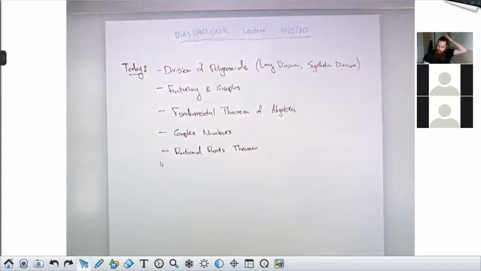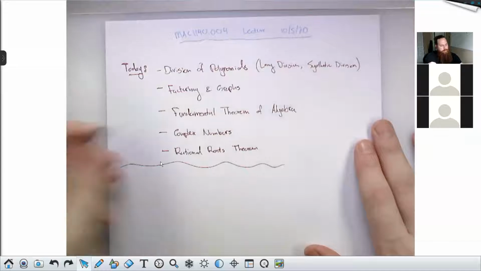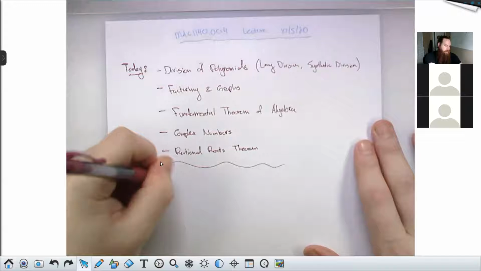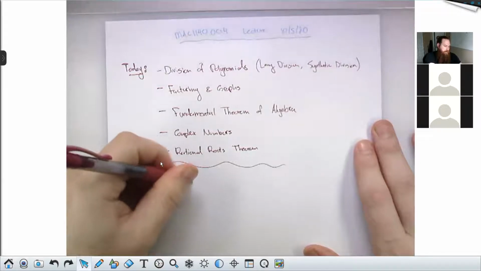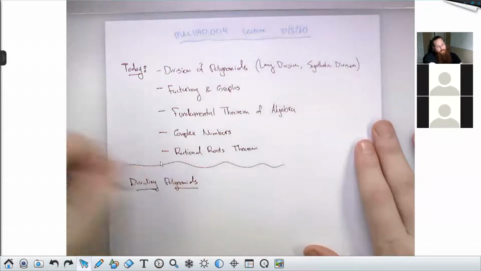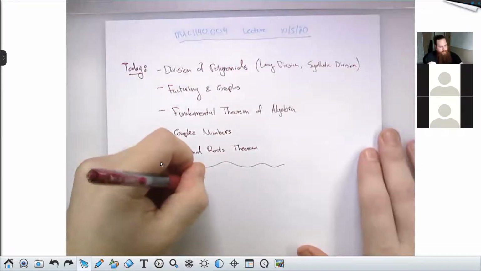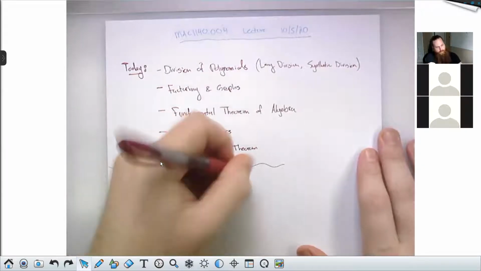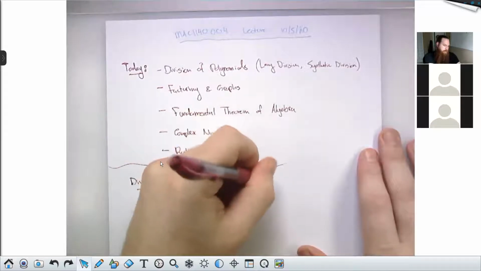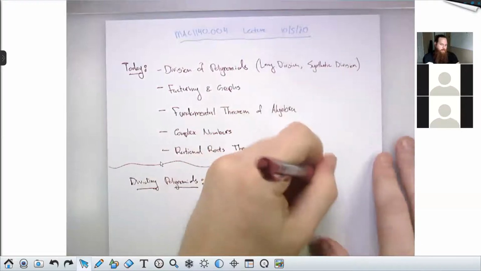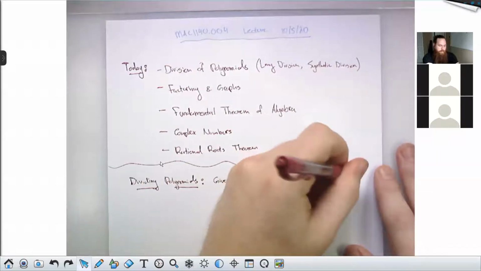So this is a lot to go through. Let's go ahead and jump in. First, we're going to talk about how to divide polynomials. So it is a fact that given any two polynomials, P of x, and I'll call this one D of x.